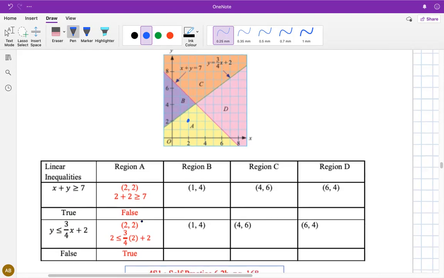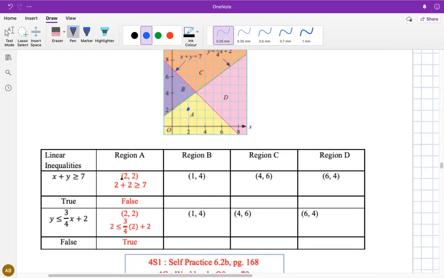If we substitute the point into both inequalities and get true, then the region satisfies the system of linear inequalities.